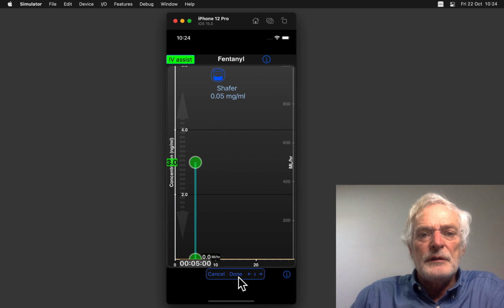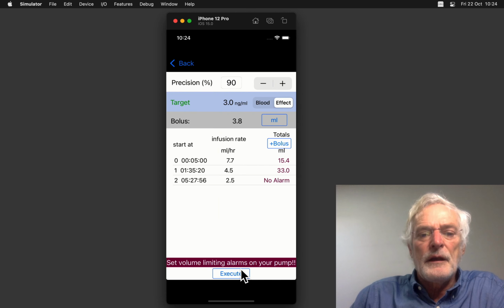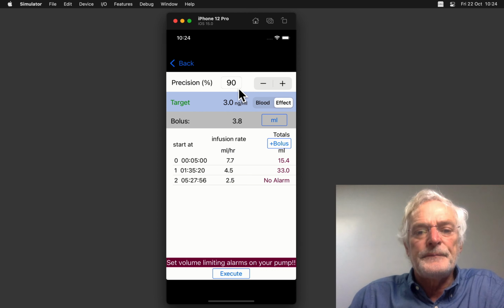After accepting the target, I enter a screen that will show me what I have to do to obtain this concentration. Now, this is done with a precision of 90%, which means that the concentration in the effect site will be plus or minus 10%.